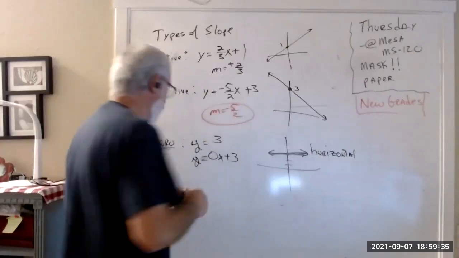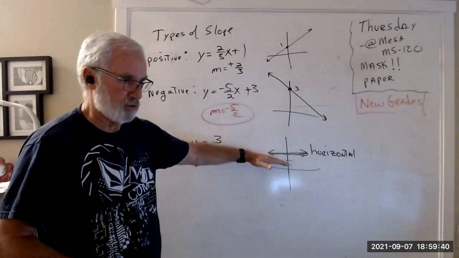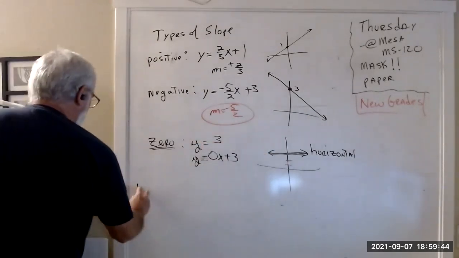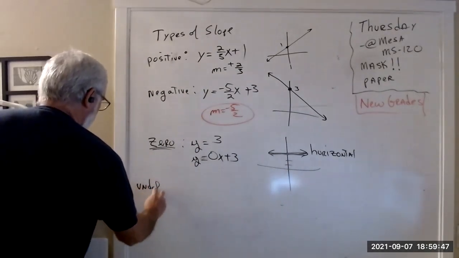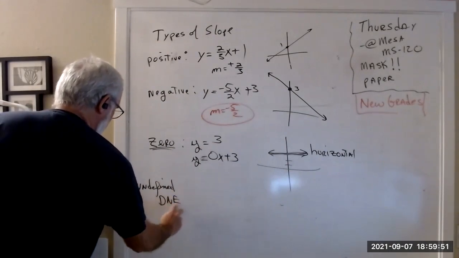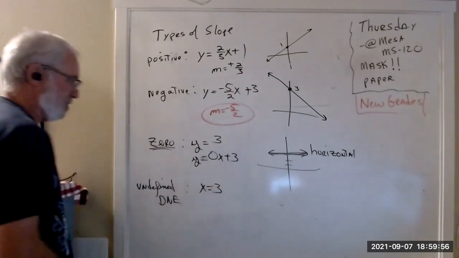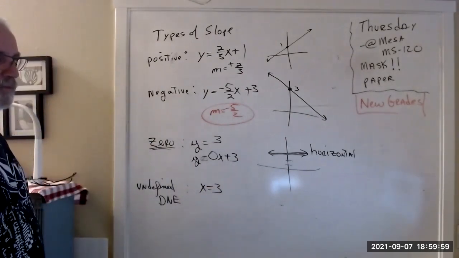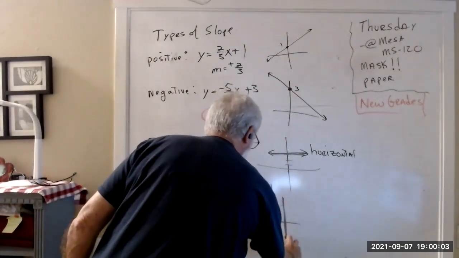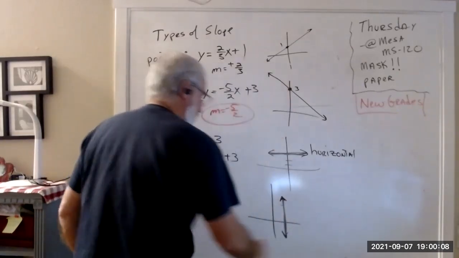So a zero slope is always a horizontal line, always. And lastly, we can have undefined, or does not exist, and that's when you have x equals 3. That would be a vertical line, like that. Am I in the glare? Ah, I missed it. Cool.